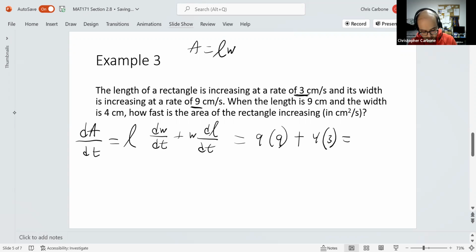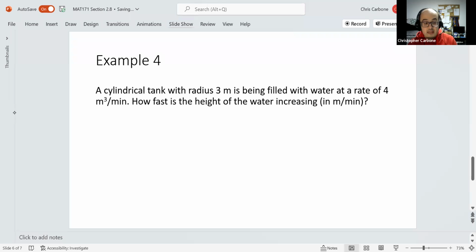So 81 plus 12 gives us 93 centimeters squared per second. Example 4. A cylindrical tank with radius 3 meters is being filled with water at a rate of 4 cubic meters per minute. We want to know how fast the height of the water is increasing in meters per minute.